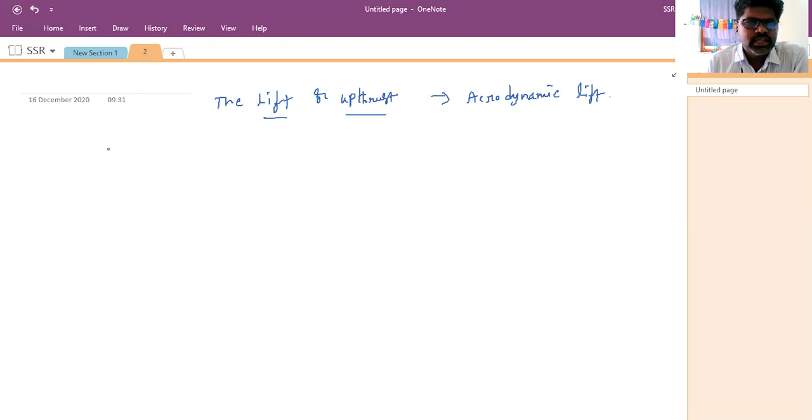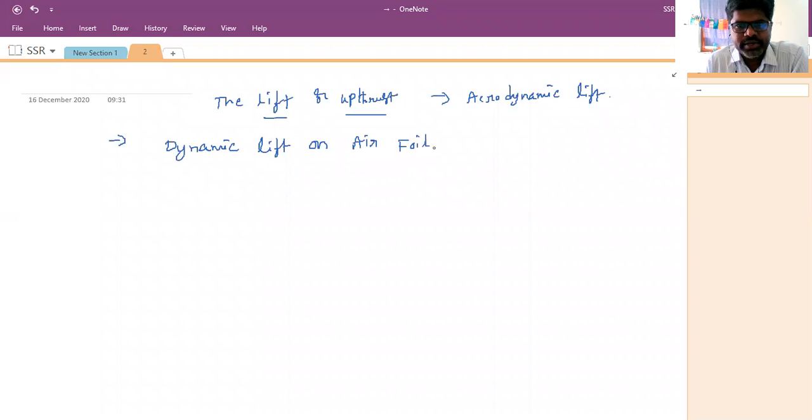Now the next application is aerodynamic lift on an airfoil. What is this airfoil? Airfoil means the wing of the aircraft. Suppose you draw a wing of an aeroplane, roughly like this.